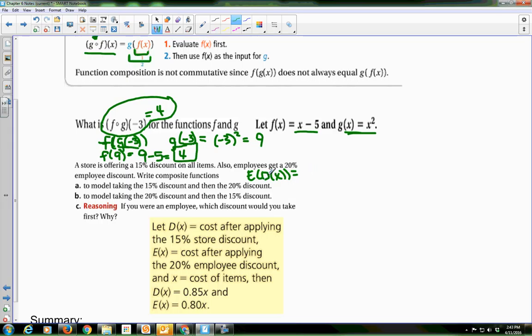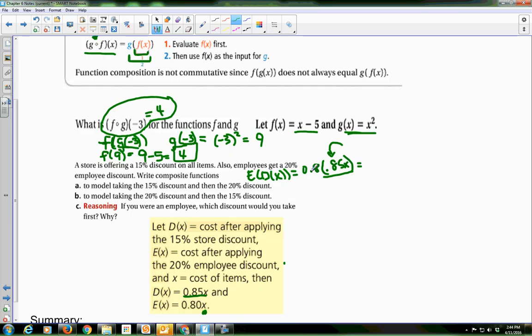We take the employee discount, which is 80%, and instead of putting x, we put our d of x function, which is 0.85x. So where the x is, I'm putting parentheses, and then inserting 0.85x into those parentheses.